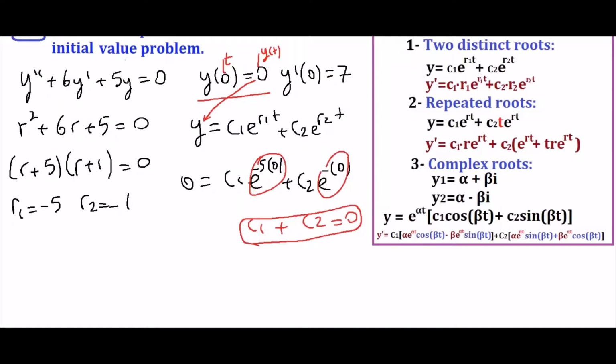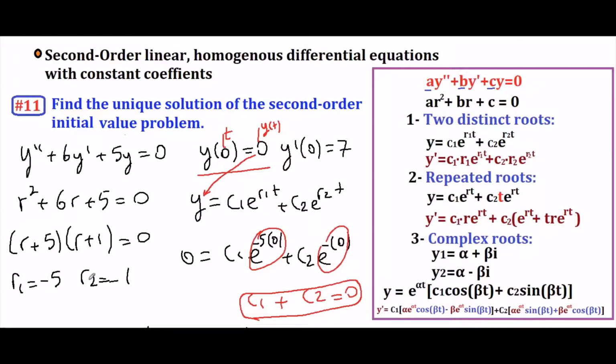Now we need our derivative function, which is c1 times r1 e to the r1t plus c2 times r2 e to the r2t. Our y prime of 0 is given as 7. This is our t value, and this is our y prime.